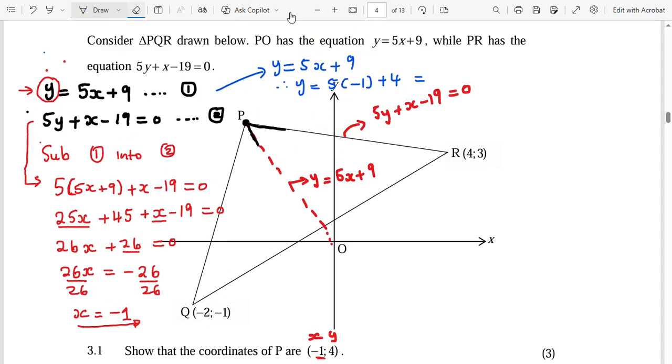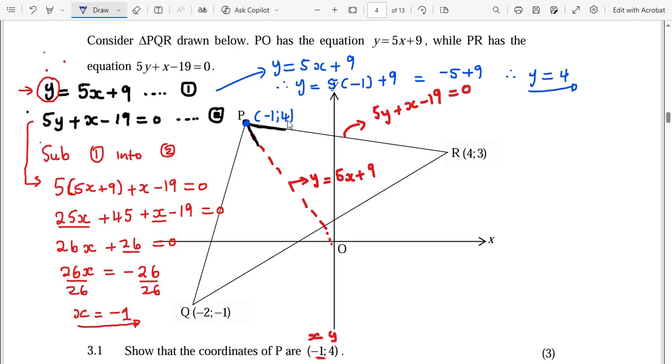Okay, I think I made a mistake here. This should be plus 9. So this is the same as minus 5 plus 9. Therefore, y is 4. Then we've just proved that the values of P are minus 1 and 4. Then you move to the next question.